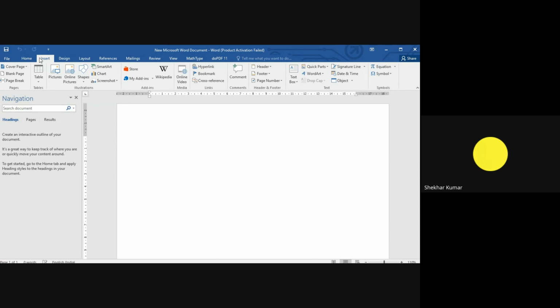When you go to the insert part, click on symbols, then click on more symbols. In more symbols, you can see the font, and in font there are different types of font. Then you have special characters.